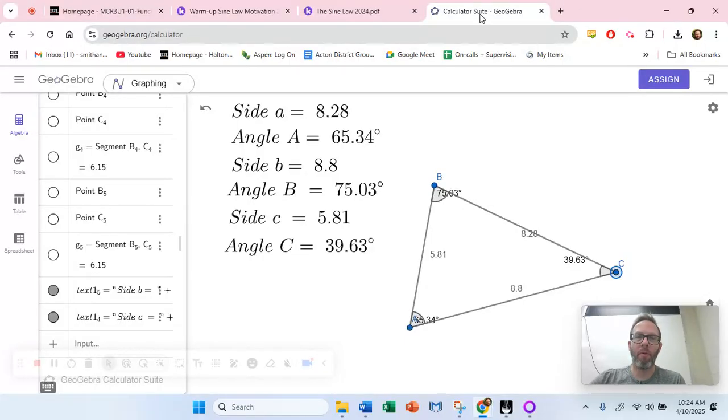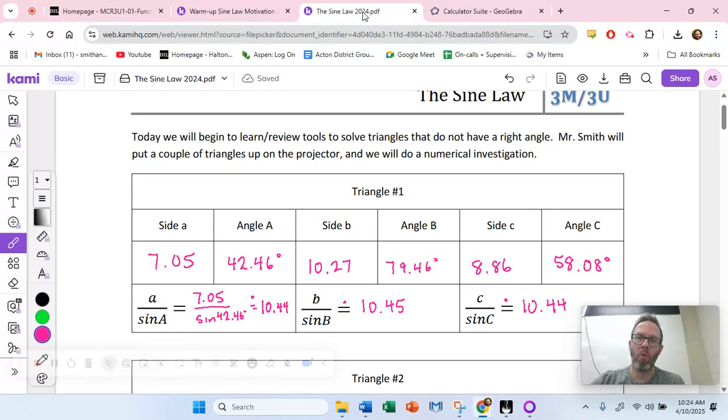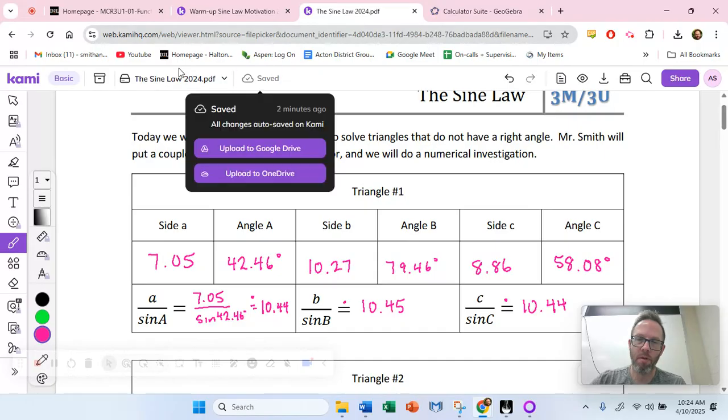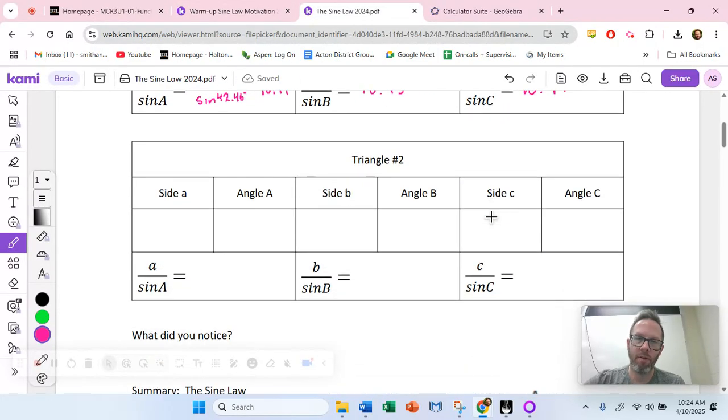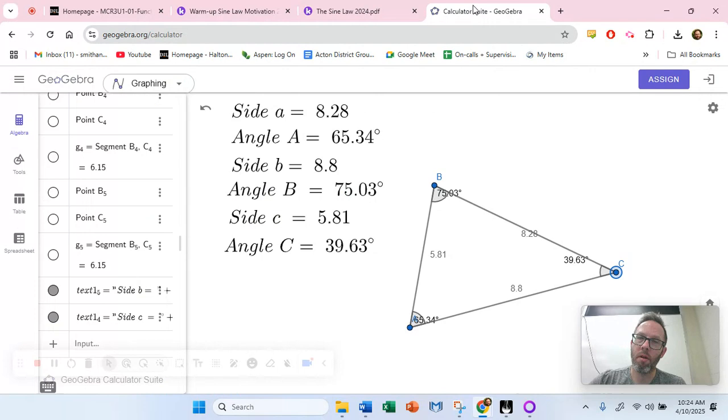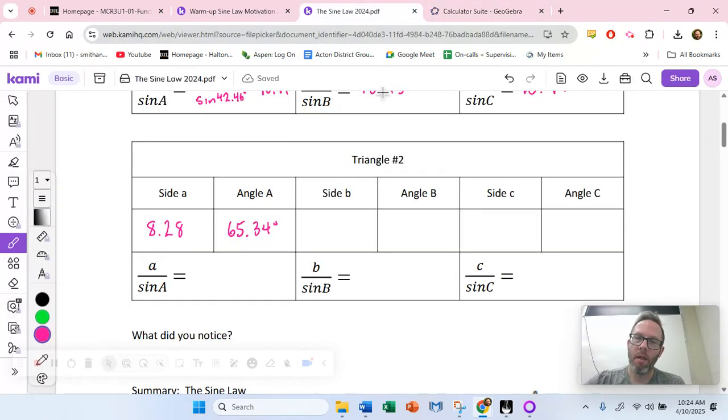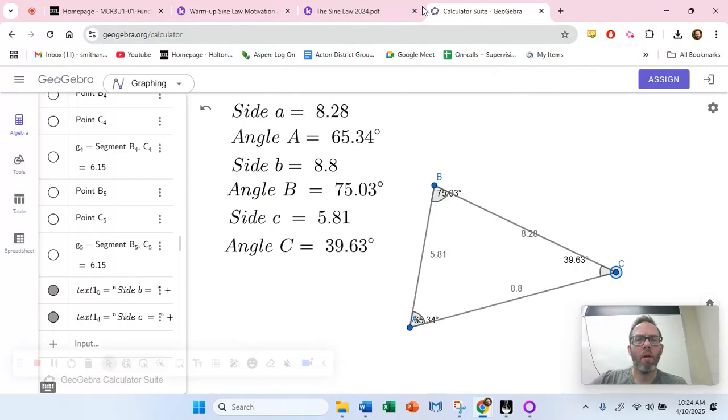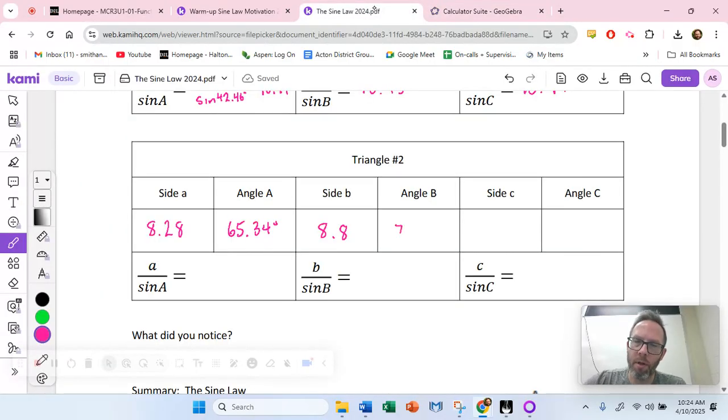All right, I'm going to come along for the ride here. So side A is 8.28, angle A is 65.34 degrees. Yes, I got that right. Side B is 8.8, angle B is 75.03 degrees.